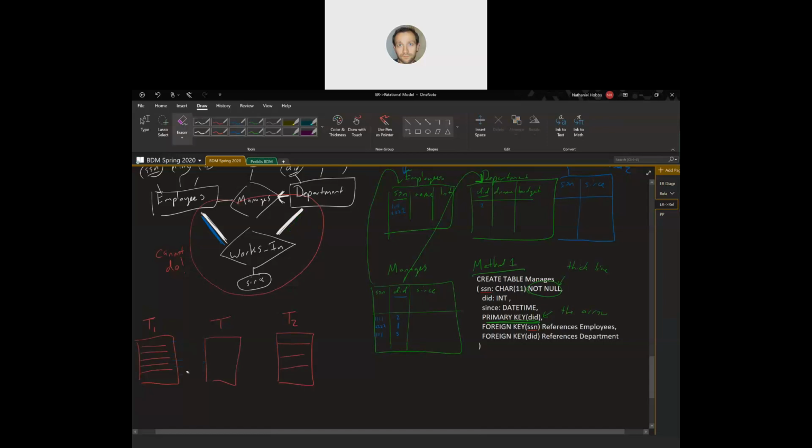So let me draw it this way. What I mean by this blue arrow is that what appears in T1 must appear in T2, or in T. And this arrow is saying what appears in T must appear in T1.